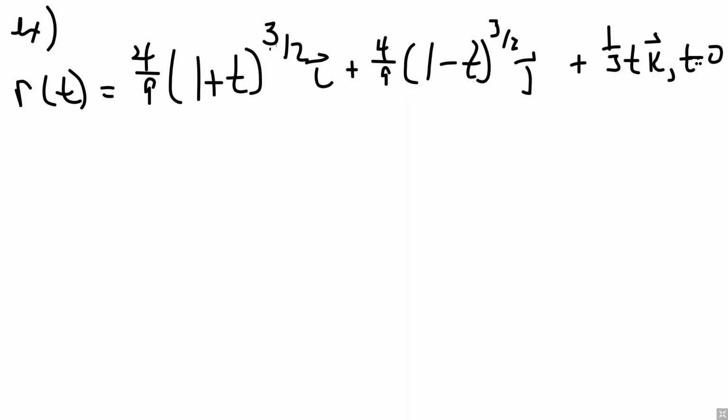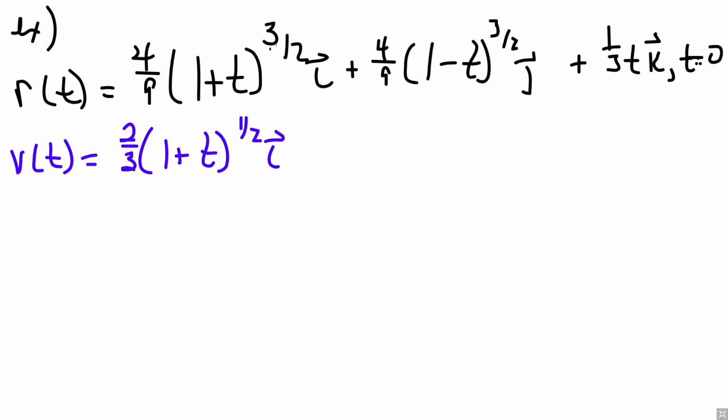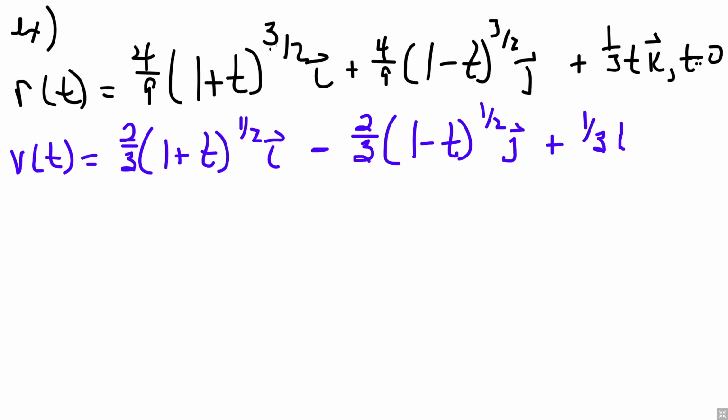Okay, so for the velocity vector, we're going to end up with 2/3 times (1 plus t) to the 1/2 in the i direction, and then minus 2/3 times (1 minus t) to the 1/2 in the j direction, plus 1/3 in the k direction.